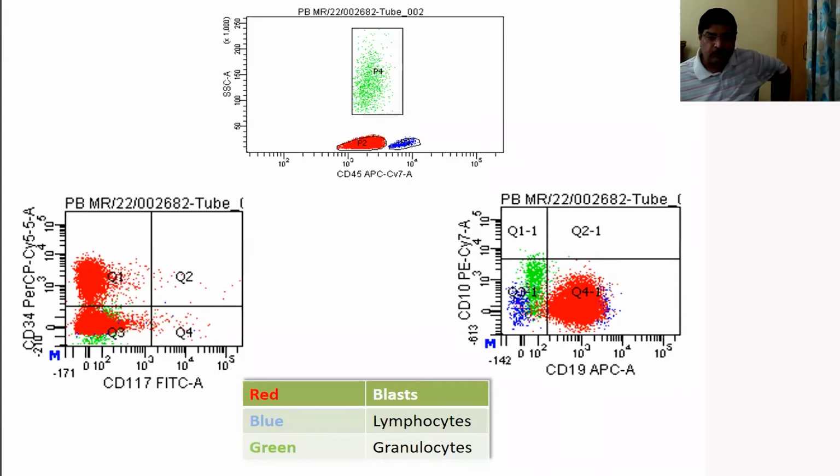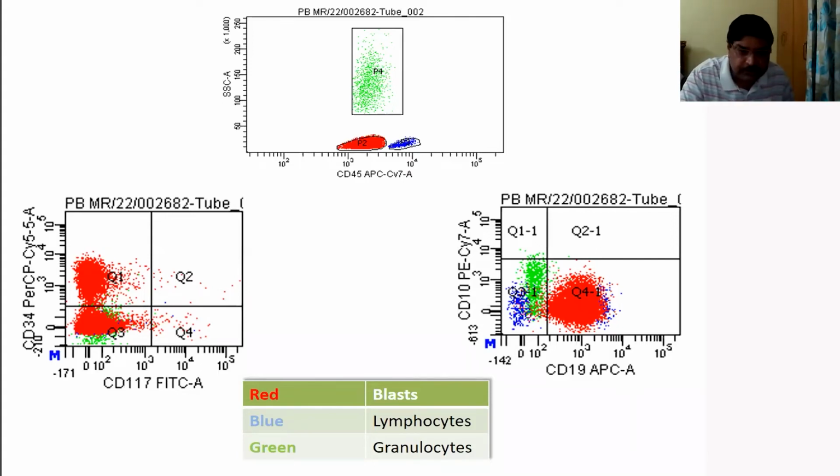So this is the flow cytometry. You can see that the CD45 gated side scatter plot shows you a P2 gate, which is red in color, which is the blast population, almost 90% of the cells.